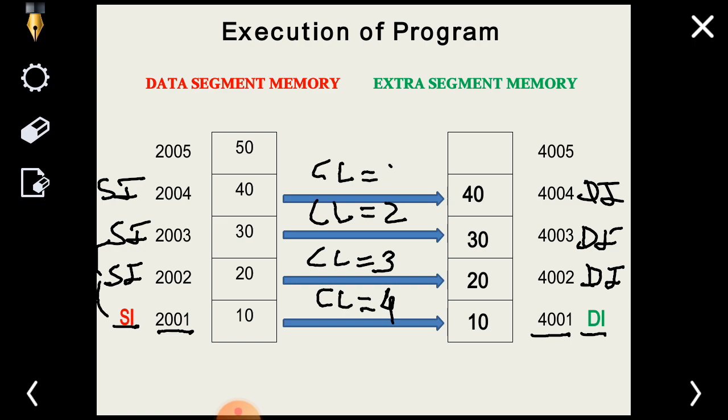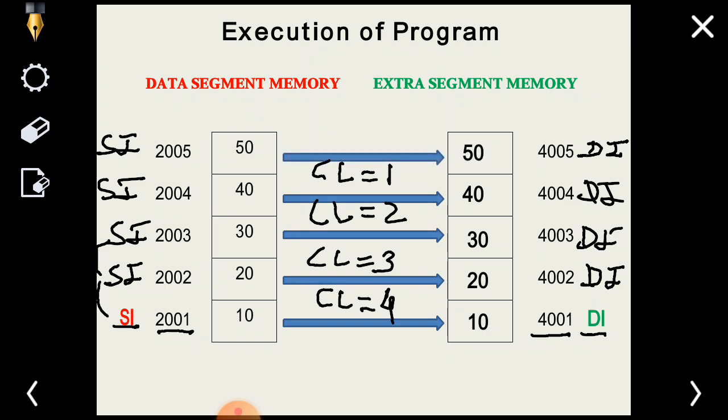Now it is 1. Again the direction flag is clear, hence SI will be auto incremented by 1, that is 2005, and DI will be auto incremented by 1. So now the content of DI will be 4005. Again the repeat will repeat the MOVSB instruction, and it will transfer the 50 into extra segment memory.